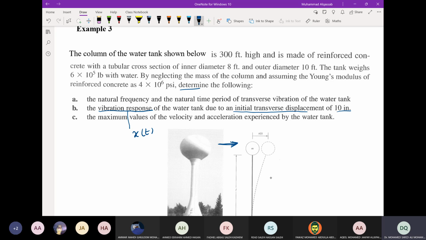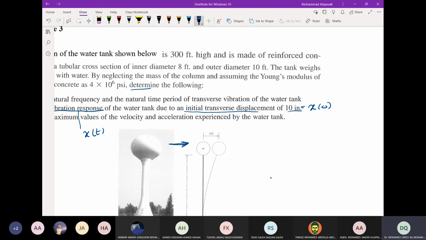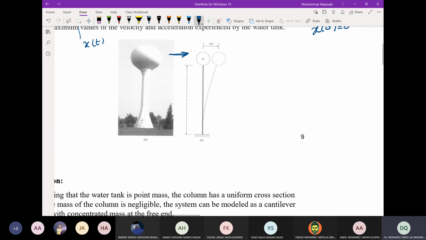So this will be X at 0 equal to 10 inches, and no initial velocity is given. So we will assume that x dot at 0 is 0. So we have only initial displacement, initial displacement equal to 10.